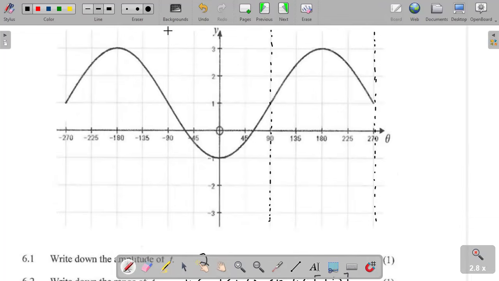And then at -90, there's also going to be an asymptote. And then at -270, there's also going to be an asymptote here.